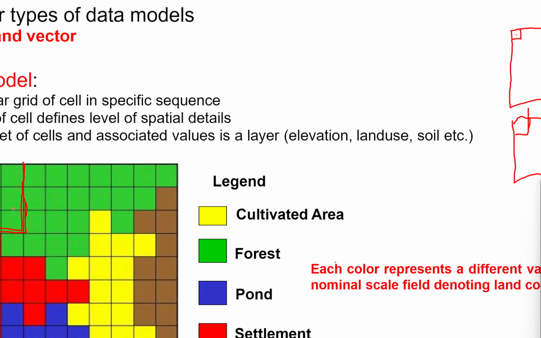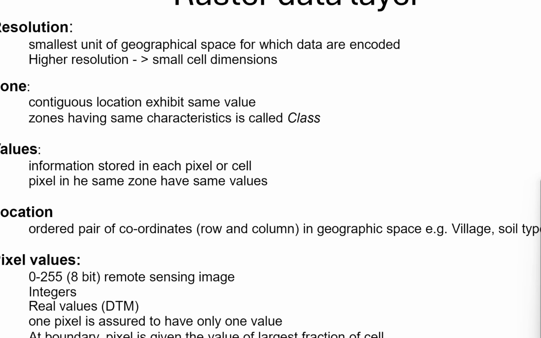If it is 30 by 30 kilometer, you only have one value. But if it is 1 by 1 kilometer, you will have 30 into 30 values within that area. So you will have more spatial information as compared to that coarse resolution data set. That is why the smaller the cell dimension, the higher the resolution.